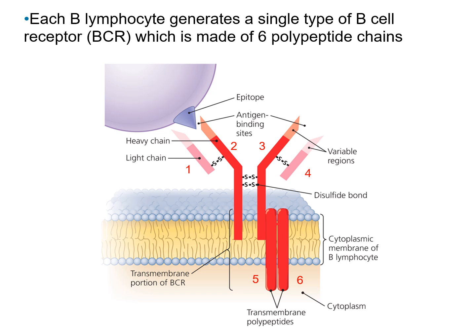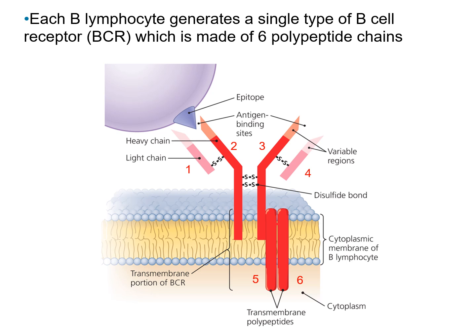Each B cell, or you can also call it B lymphocyte, generates a single type of B cell receptor, or BCR. What does that receptor look like? It has six polypeptides. If you look at the picture, 1 and 4 is called the light chain. 2 and 3 is called the heavy chain.